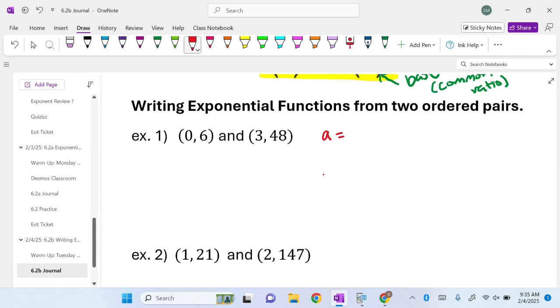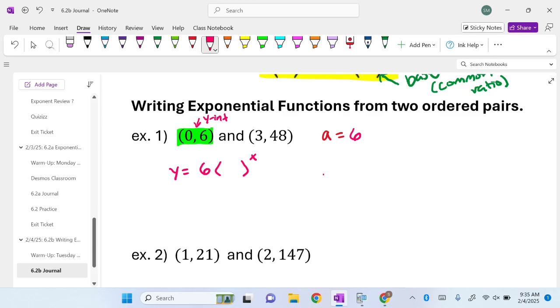It's the y-intercept. So we're given the y-intercept right here at (0, 6). Remember, if you have an x value of 0 and then y is some other number, you got the y-intercept. So my a value is what? 6. So that means my function will look like y is equal to 6 times some b value raised to the x power.